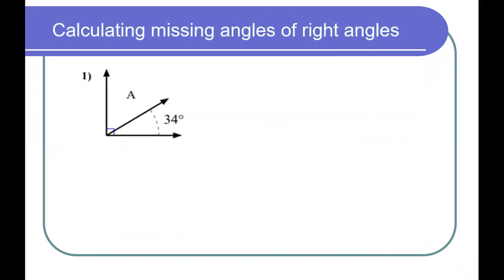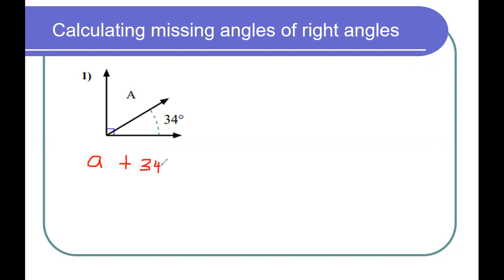We have here another right angle. What is the missing angle A when the other part is 34 degrees? So how are we going to do it? We say A plus 34.